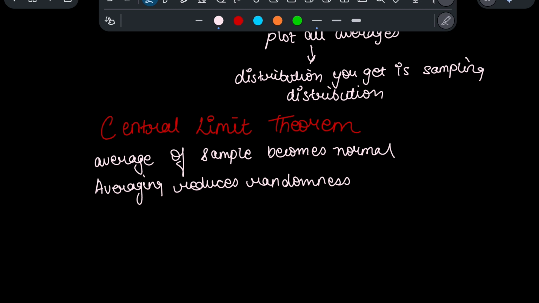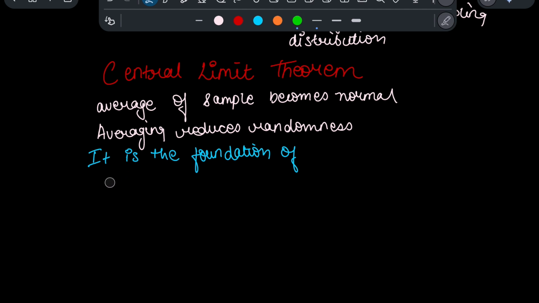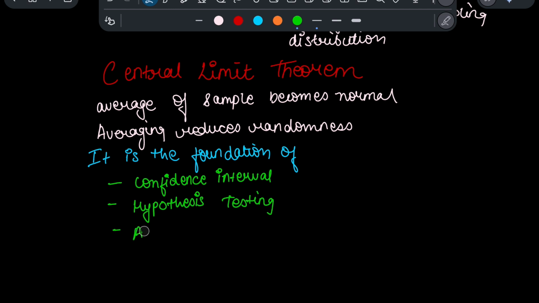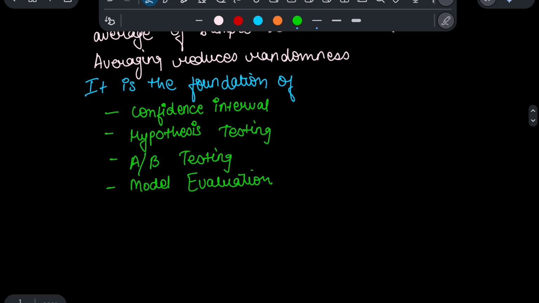Because the central limit theorem is the foundation of, let me write this, first confidence intervals, second hypothesis testing, third A/B testing, fourth model evaluation, and the fifth is statistical inference.